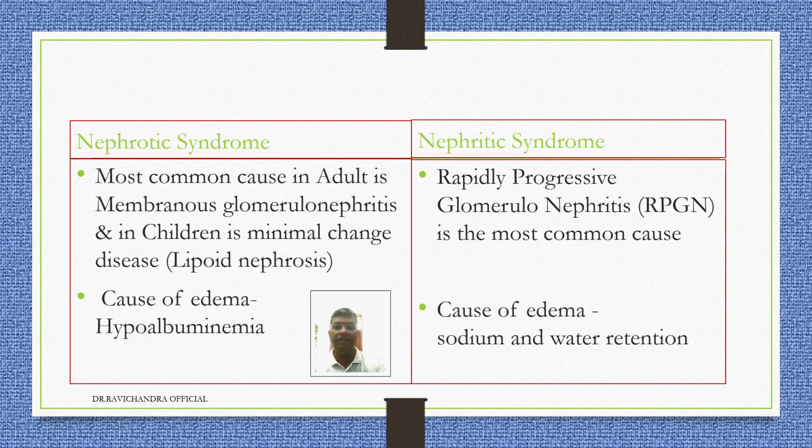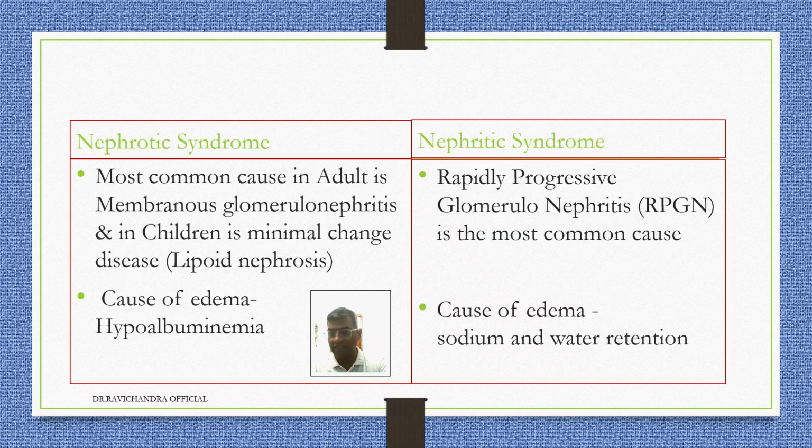Earlier, the basic difference between nephrotic syndrome and nephritic syndrome is that there will be a history of hematuria in nephritic syndrome, but there will not be any history of hematuria in nephrotic syndrome. The most common cause for nephrotic syndrome will be membranous glomerulonephritis in adults, and in children it is the minimal change disease, also called lipoid nephrosis.